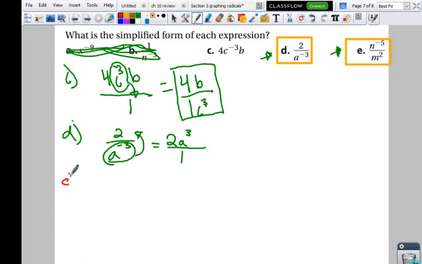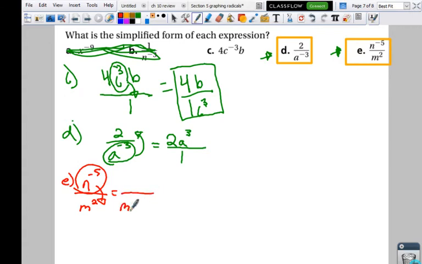All right, for part E, let's see. Allison, what do I got to do on part E? You have to find the negative, which is negative 5, bring it down, so negative times negative 5 turns into a positive.